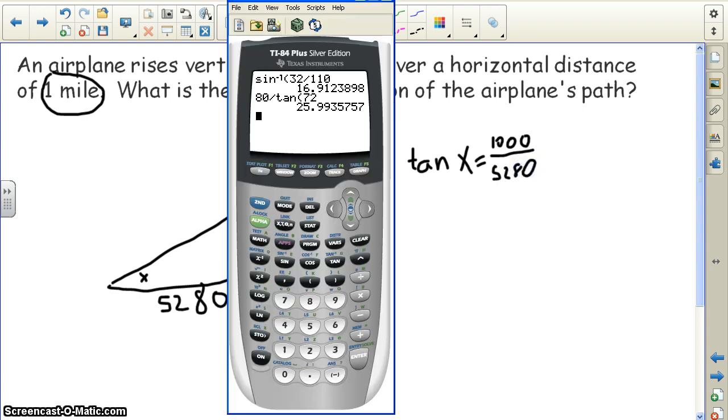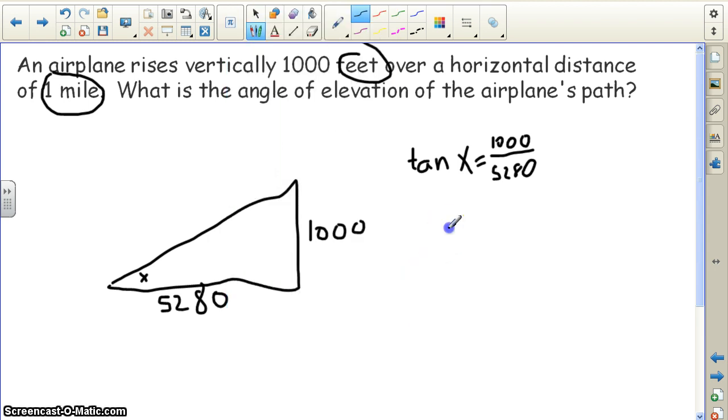From there, there's nothing else that we can do by hand, so let's type it in the calculator. I use tangent inverse, so it's going to be second tangent of 1,000 divided by 5,280, which is about 11 degrees. So our angle of elevation for that airplane is about 11 degrees.